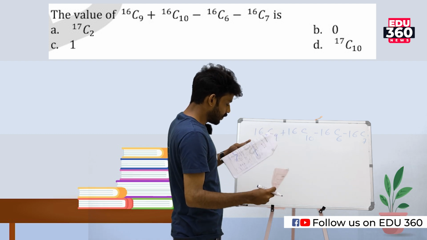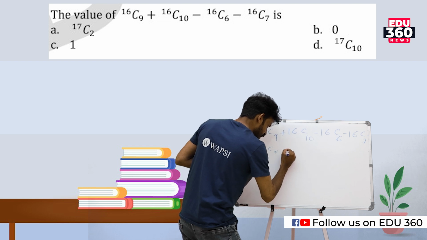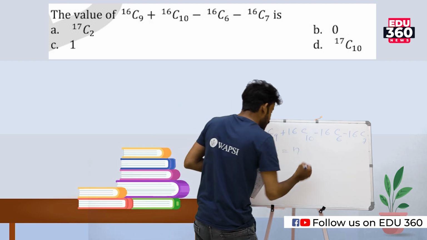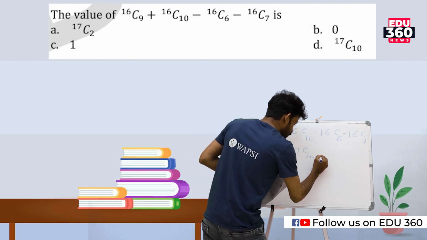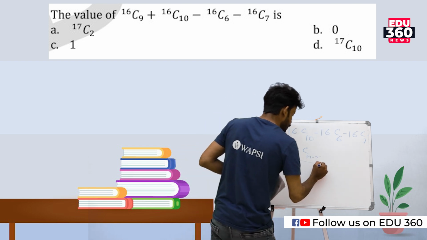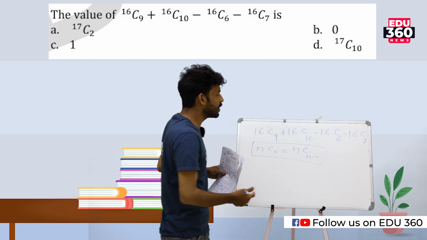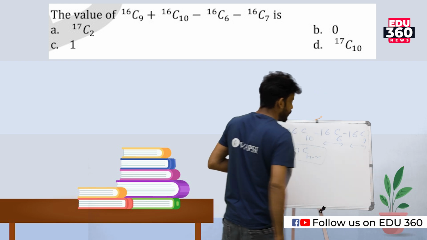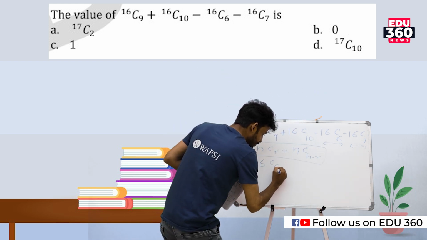Yes. So we know that nCr is equal to nC(n minus r). Now look here, I'm going to change 16C6.